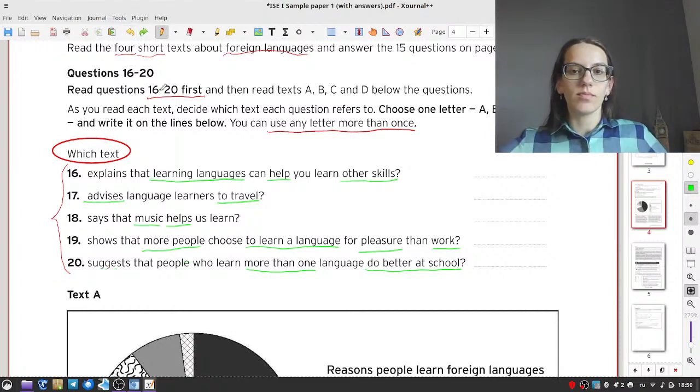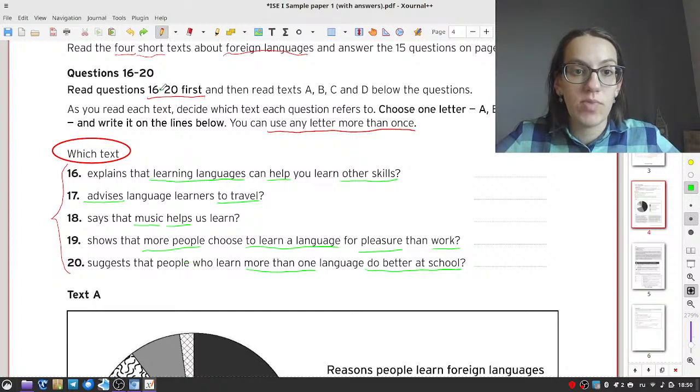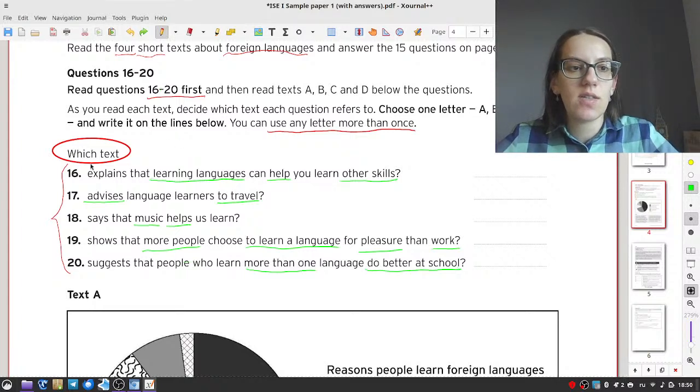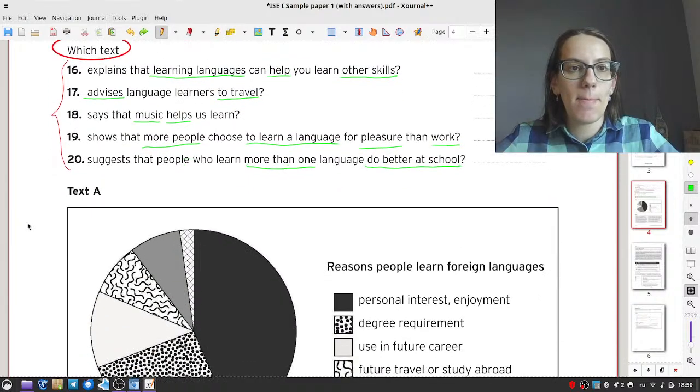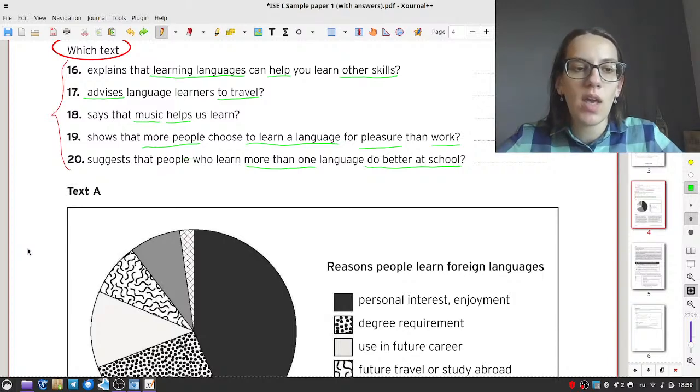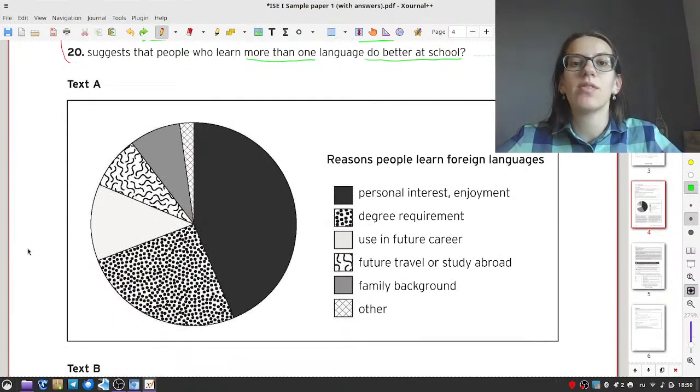So, now let's look at the texts themselves and decide which questions each text is connected with. So text A, remember this is a text, this pie chart.